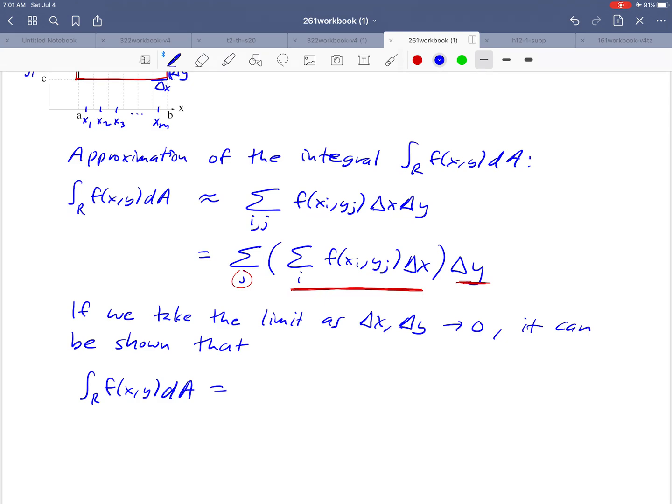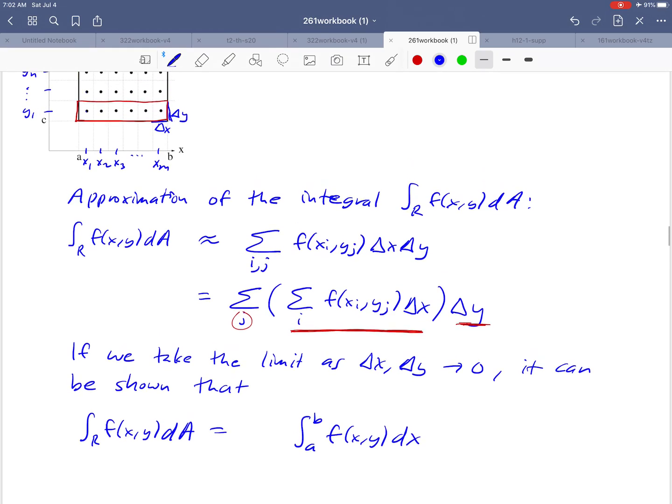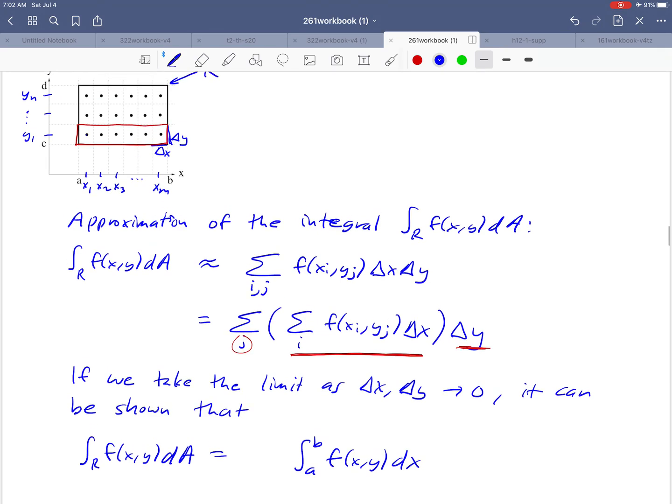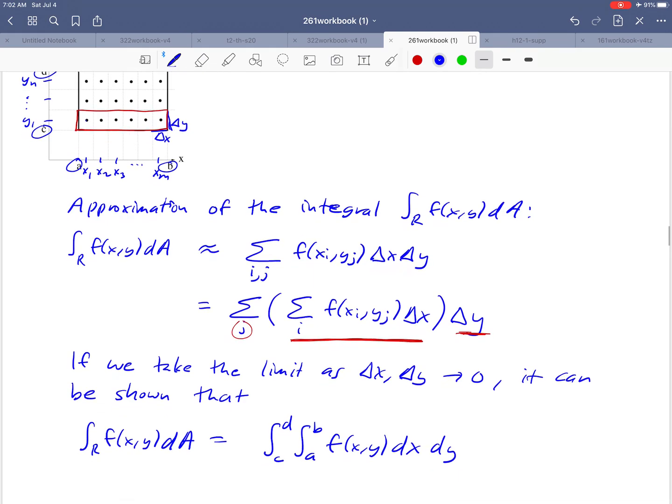Here's how it would look. On the inside, we'd be integrating from a to b, f of x, y, dx. And I want to remind you where the a and the b are coming from in our picture. Here's a and b. Then we integrate in the vertical direction from c to d, dy. That corresponds to the outer sum. There's the c and the d.